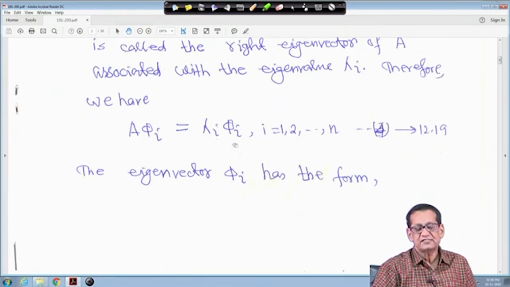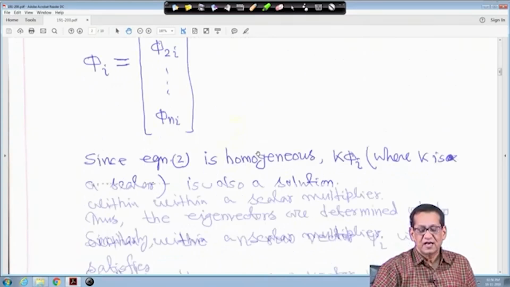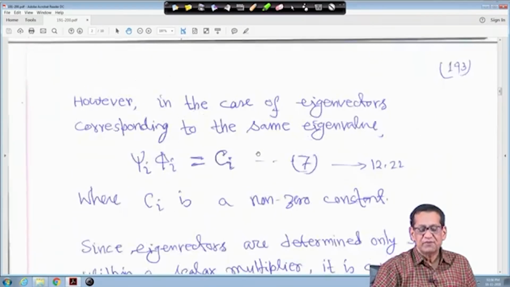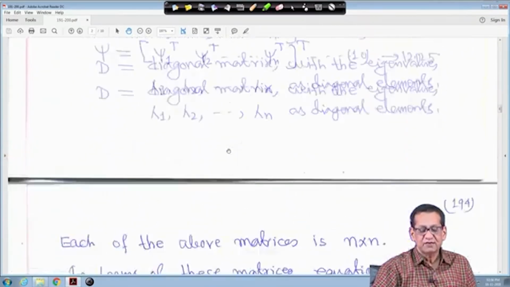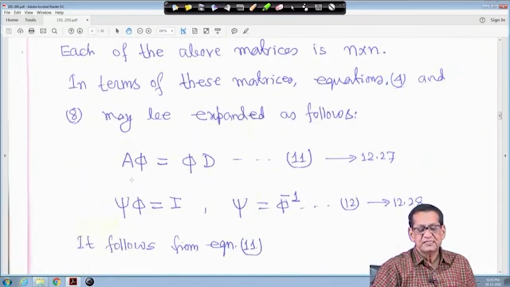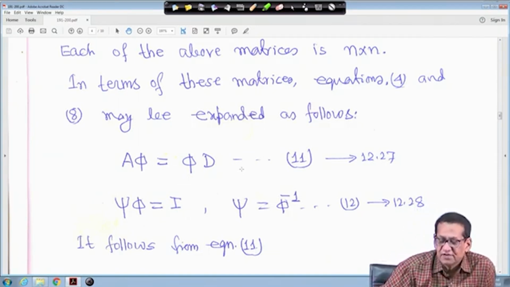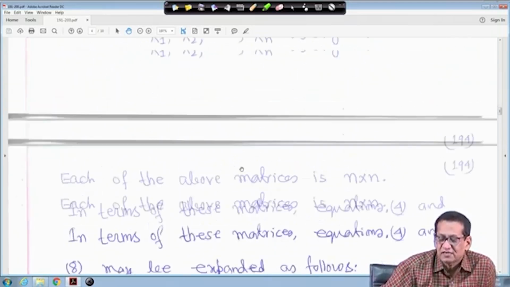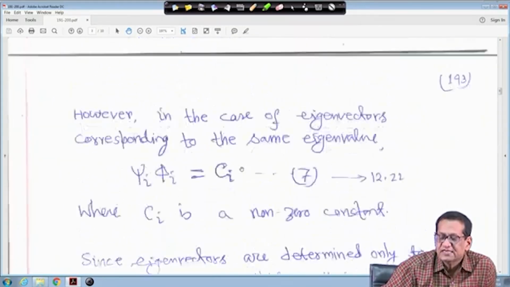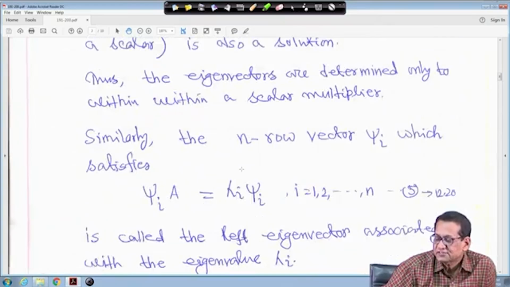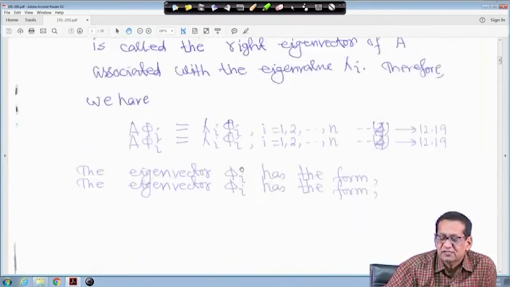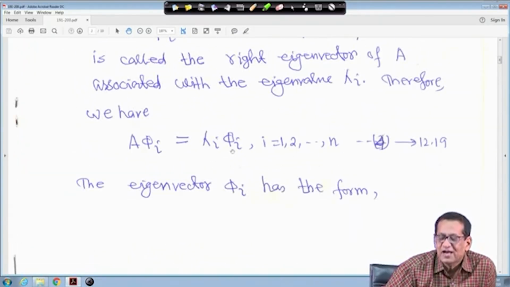In general, A φi is equal to λi φi, that is written here in equation 4.